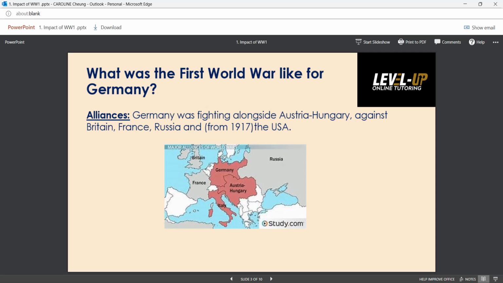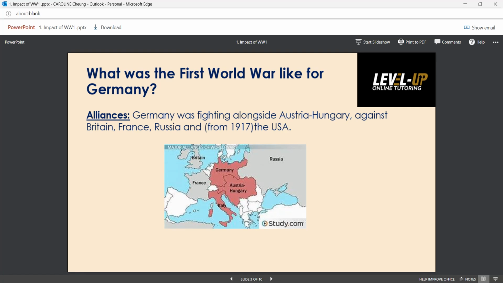More on America in a moment. But if you look at that picture on the board, it shows clearly what a dreadful position Germany is in. Austria-Hungary and Italy aren't necessarily the strongest allies out there. Germany really is taking the brunt of that particular alliance, doing the majority of the fighting.